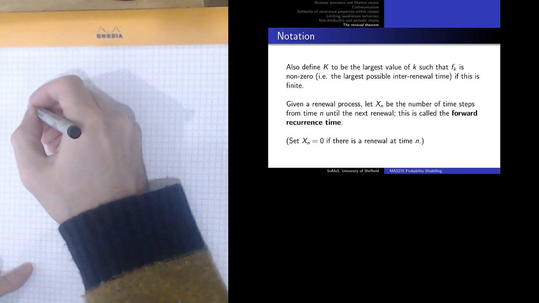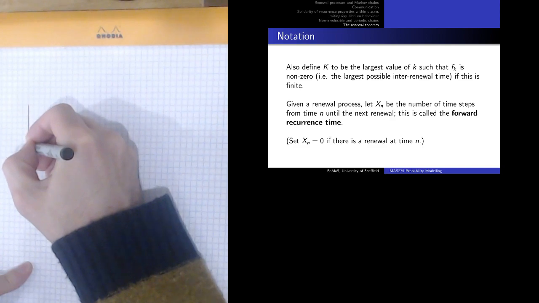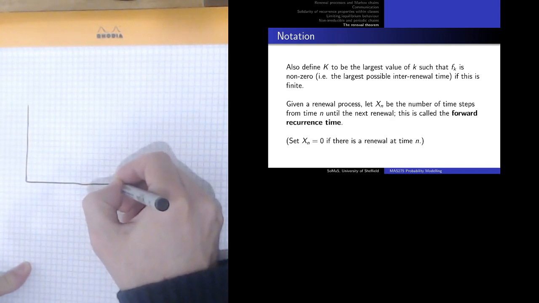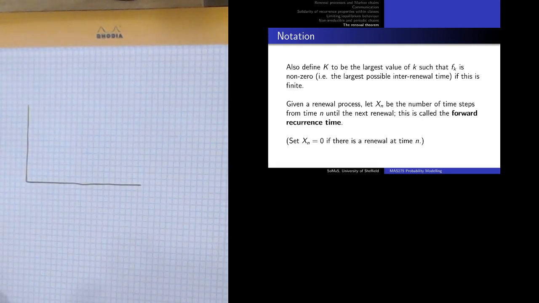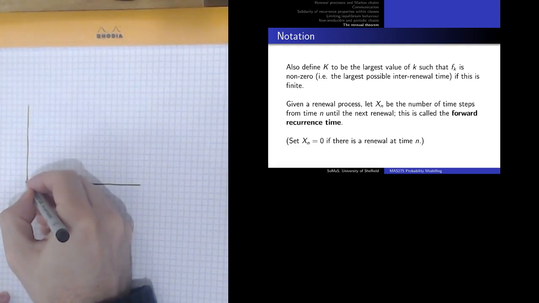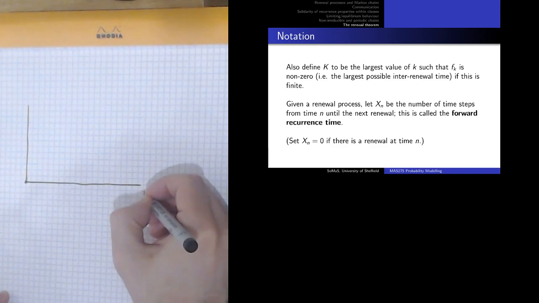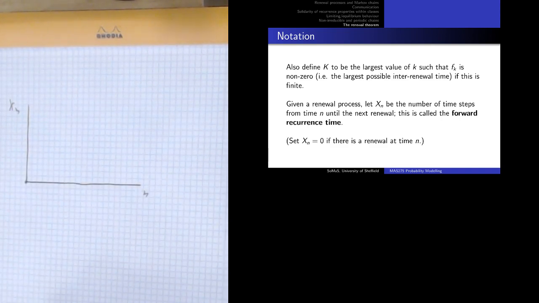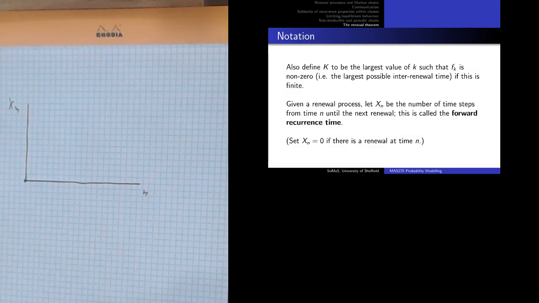So remember, in the renewal process, we say that there is a renewal at time 0. So we're going to put n and xn here. So x0 is 0. And then there's going to be a first renewal time. Maybe the first waiting time is 5.